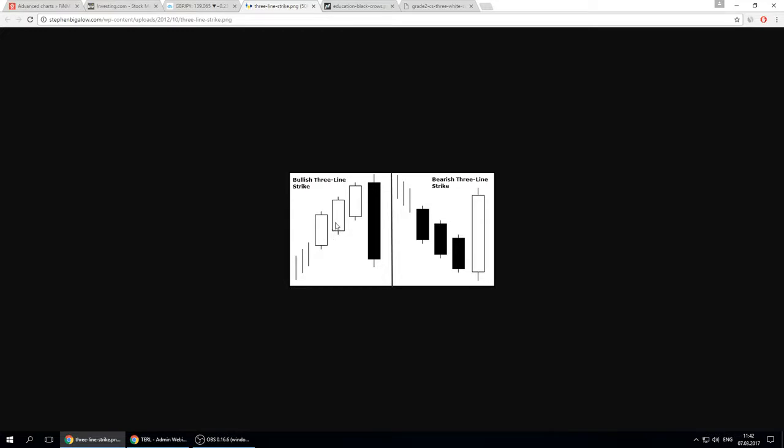What is similar with them? Though it's called a three-line strike, the pattern consists of 4 candles. Three of them should be the same color, and each next candle should start within the body of the previous one, as we see here. The shadows shouldn't be long, and the close of each candle should be higher than the previous one.